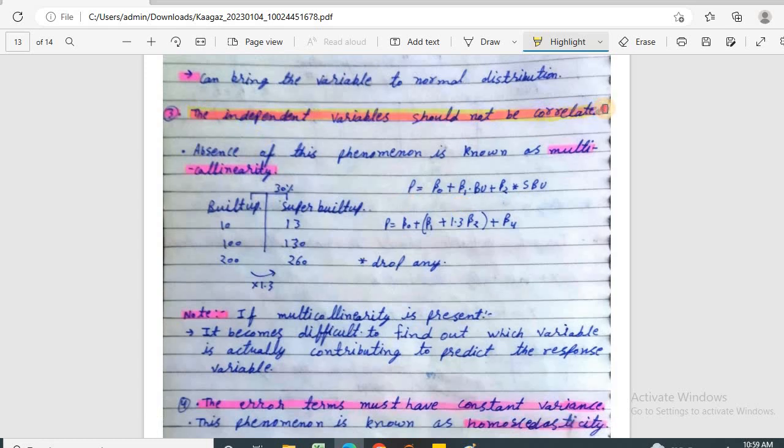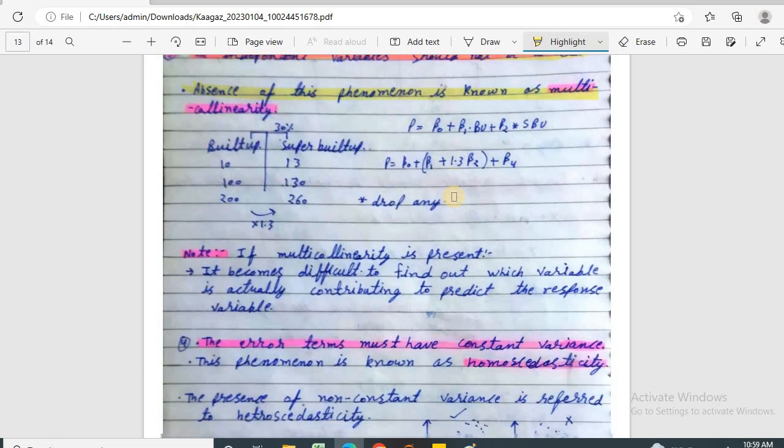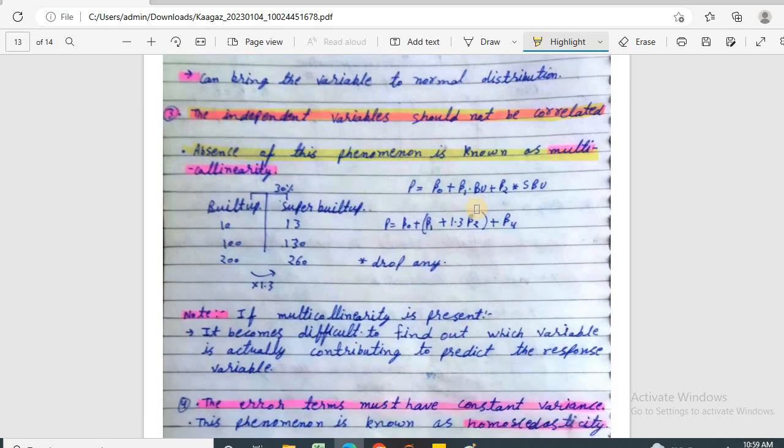Now, the independent variables should not be correlated. Presence of this phenomenon is known as multicollinearity. For example, we have built up area and super built up area. Generally, super built up area is 1.3 times the built up area.